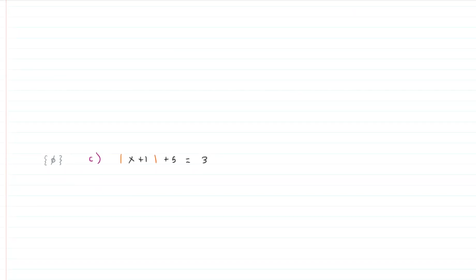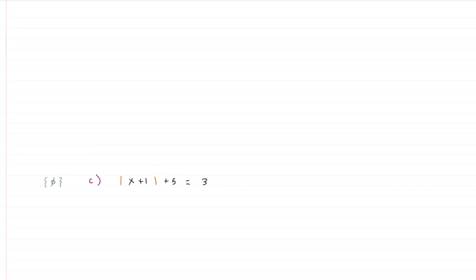How about this? This one, we have the absolute value of quantity x plus 1, and then outside that, we have plus 5 equals 3. So again, let's put it in the correct form. I guess I need to subtract 5 on both sides first, right?